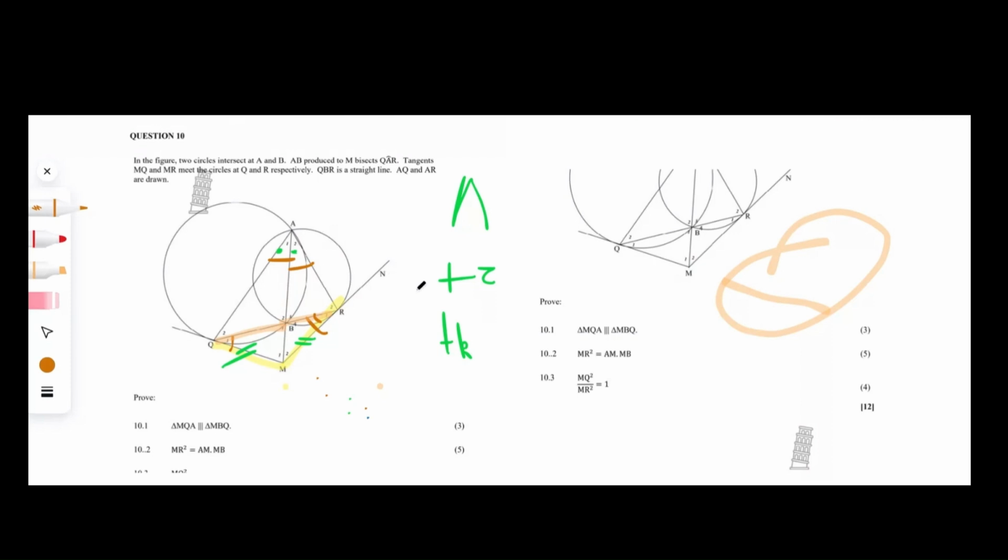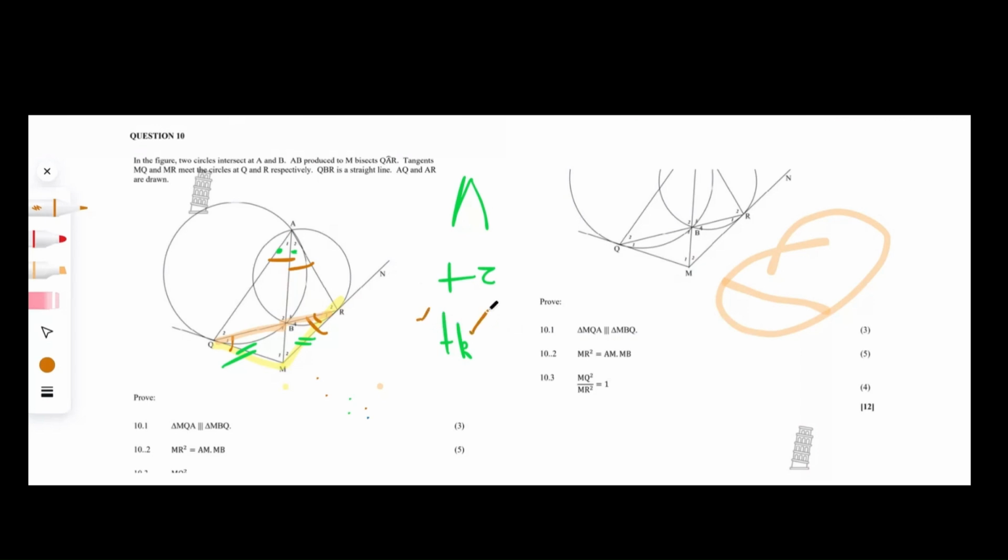Now, let's continue on. We've identified that the tan chord theorem is applicable to this question, and we've identified that the tangents from the same point are also applicable to this question. Now let's continue on. What about the tangent perpendicular to radius theorem? In order for us to annotate our diagram according to this theorem, we need to identify a tangent and a radius.